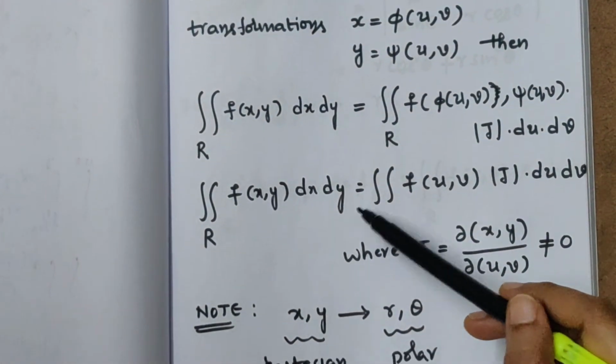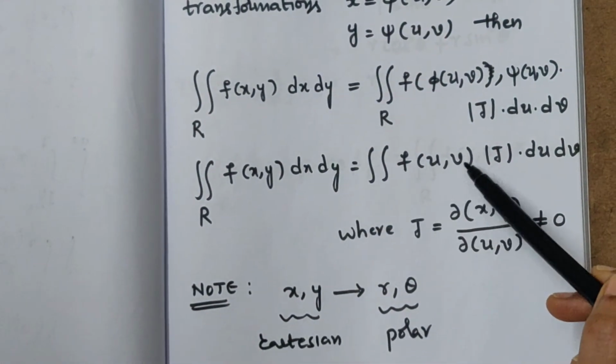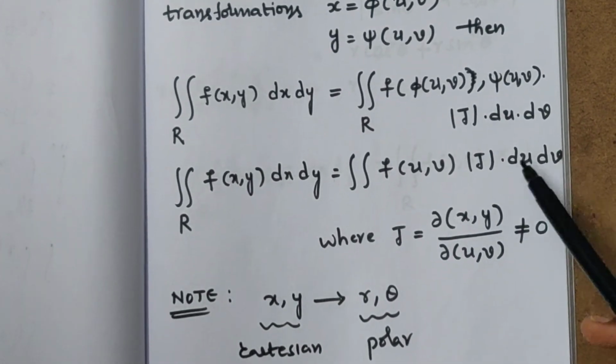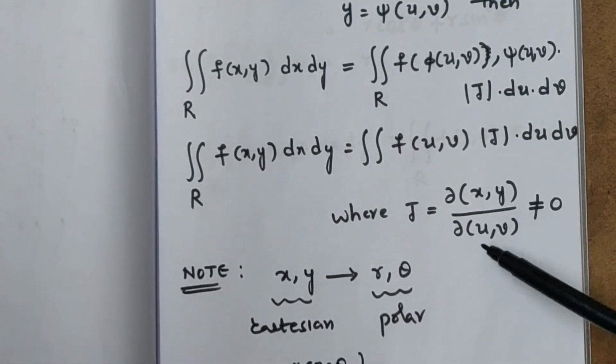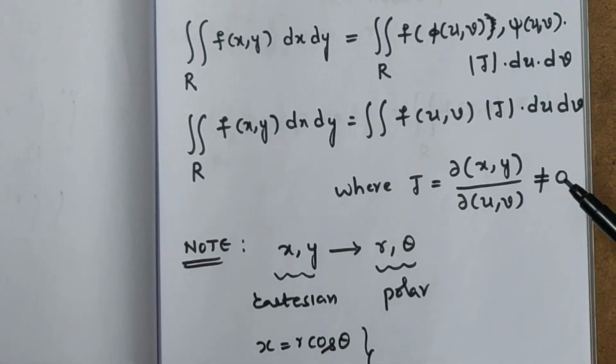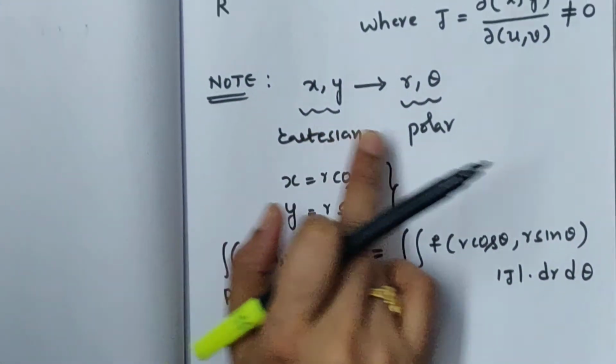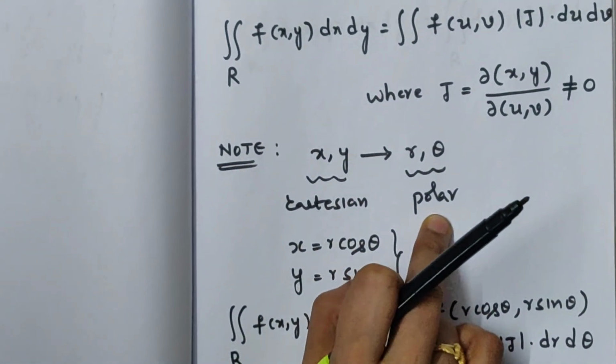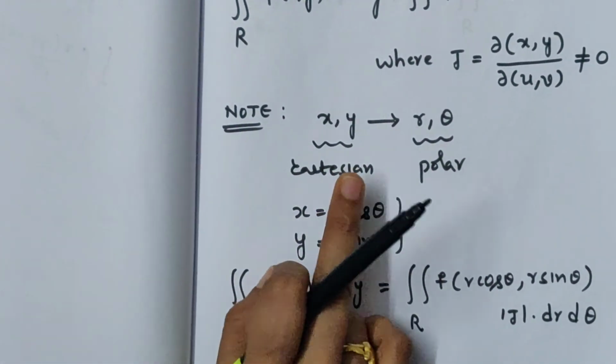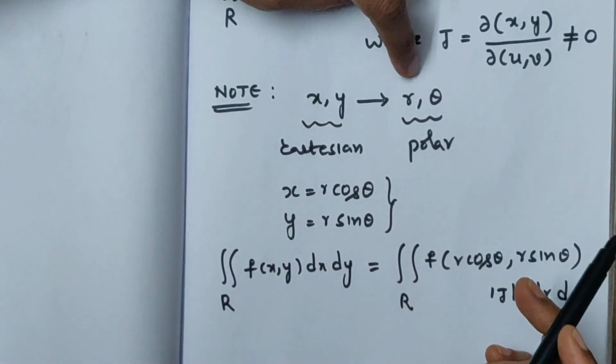The relation is double integral f of u comma v Jacobian du dv. What about the Jacobian? It should not be 0. So this is the way of converting Cartesian variables to polar variables.